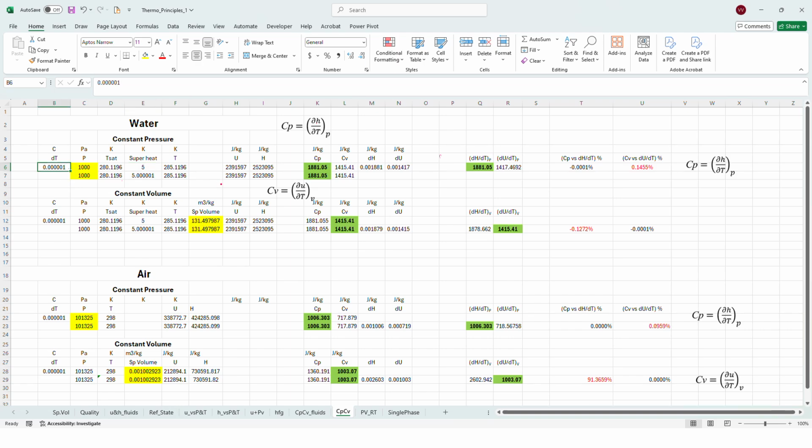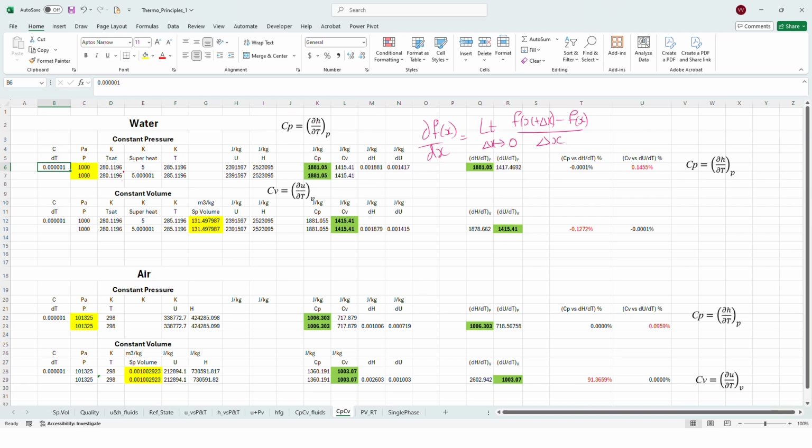So you know that if you want to differentiate f of x, it is similar to f of x plus delta x minus f of x divided by delta x, in the limit delta x tending to 0.